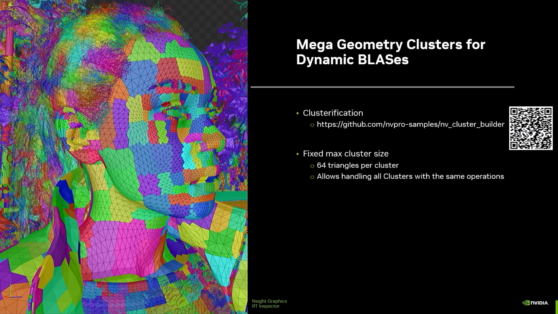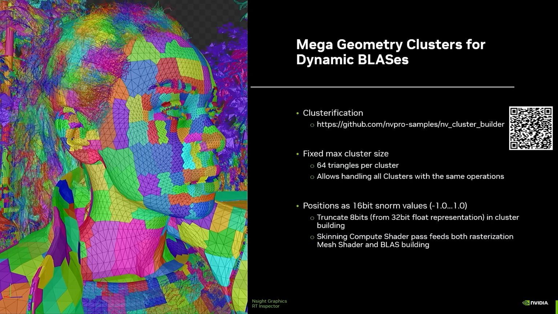The API needs the max size to be defined from the CPU for each cluster operation. So the fixed max size allows handling of all clusters from all meshes with the same operations. The game uses 16-bit snorm values to store all vertex positions in object space, so snorm with values between -1 and +1.